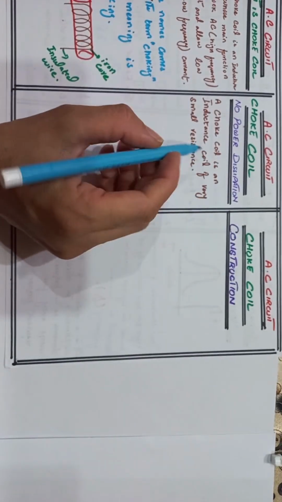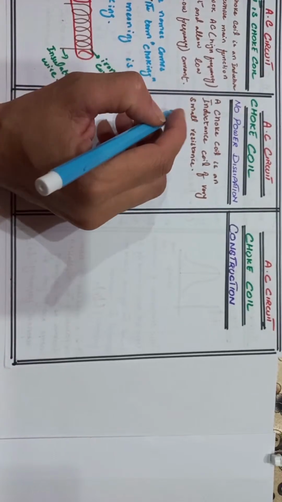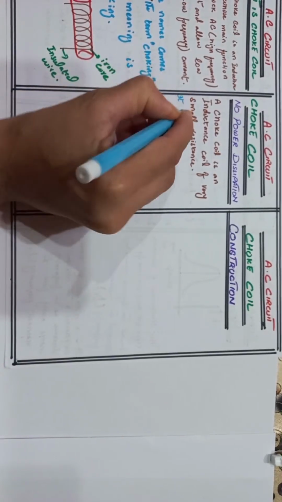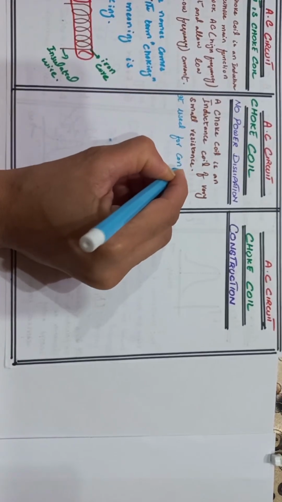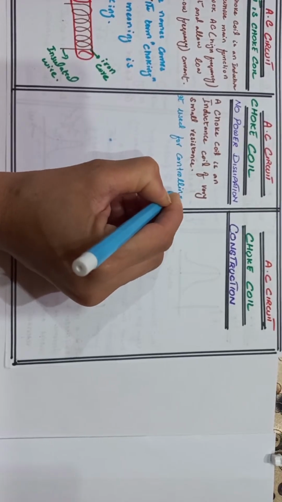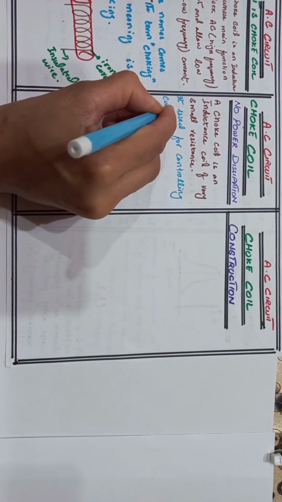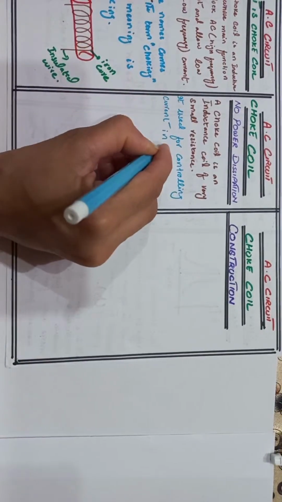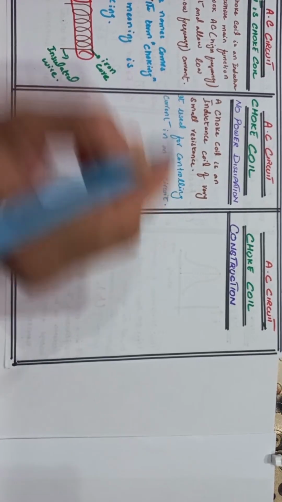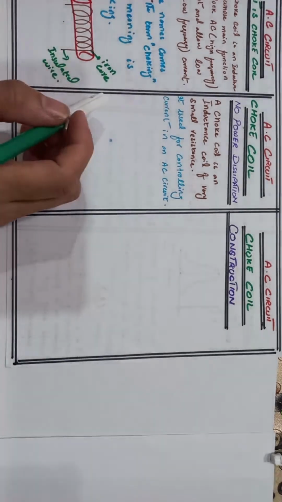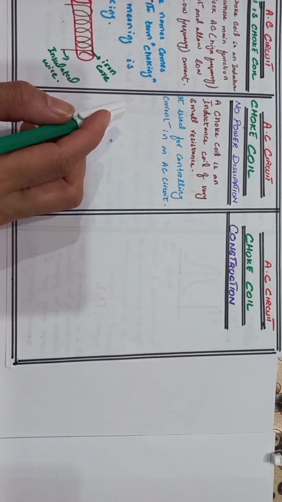This choke coil is used for controlling current in an AC circuit. Here we write that if a resistance is used for controlling current, there is wastage of power due to the Joule heating effect.